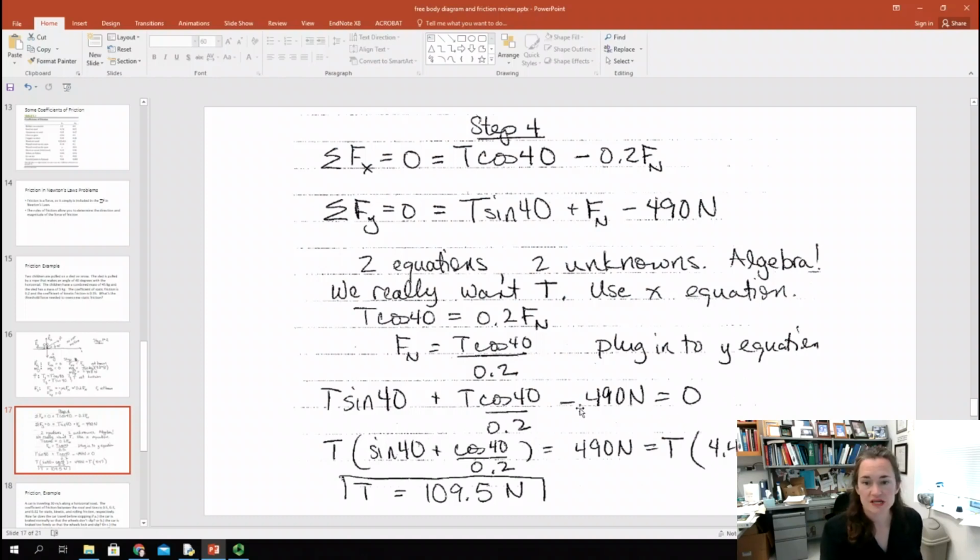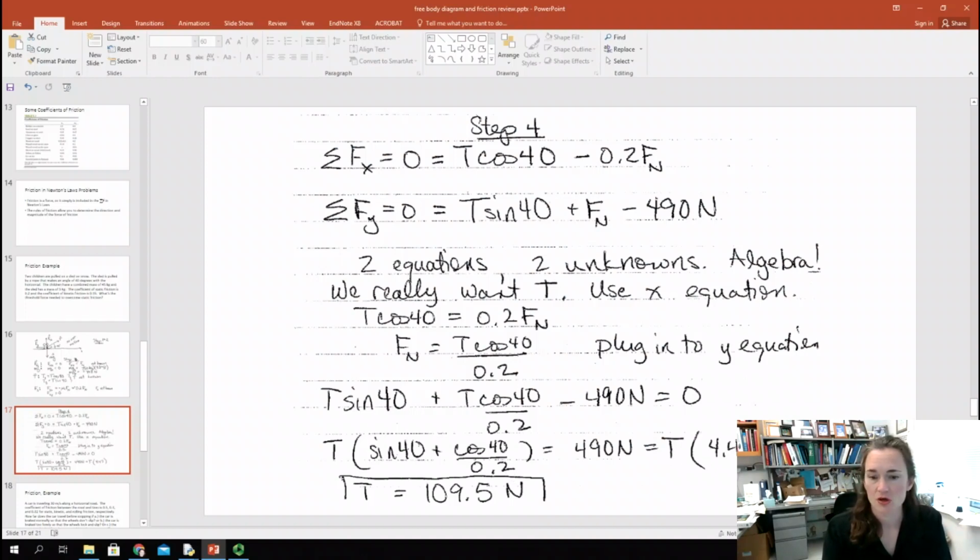So I take that 490 newtons and I add it to the other side. Then I take the stuff that multiplies T on the left-hand side of the equation and factor out T. When I do that, I end up with T times sine 40 plus cosine 40 over 0.2 equals 490. Solving computationally, sine 40 plus cosine 40 over 0.2, I end up with T times 4.47.